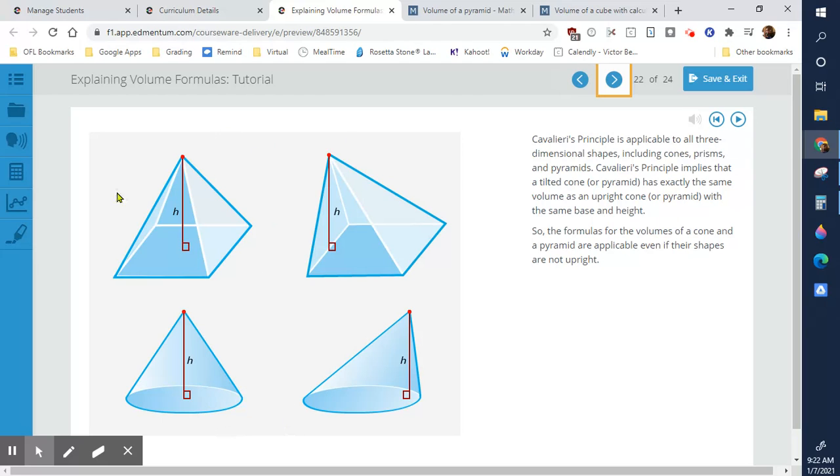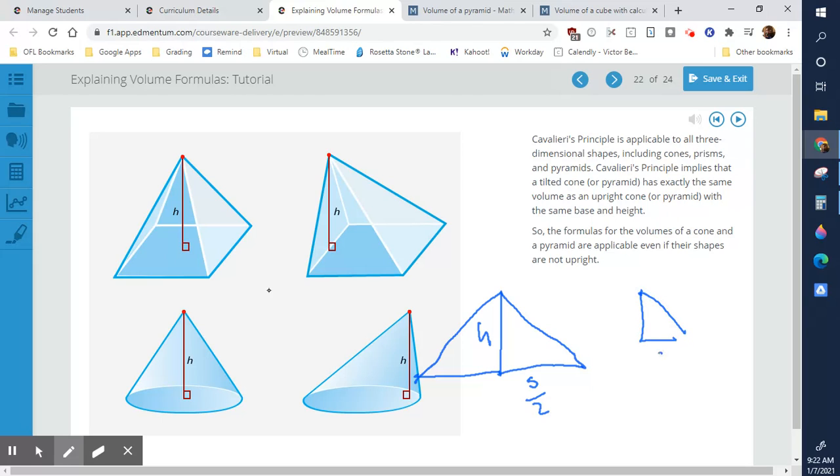This should look familiar because it should be a squared plus b squared equals c squared. So we're going to use the Pythagorean theorem whenever we talk about slant height. Those will come into play later, but for now, just remember we want the actual height, the height at a 90-degree angle.